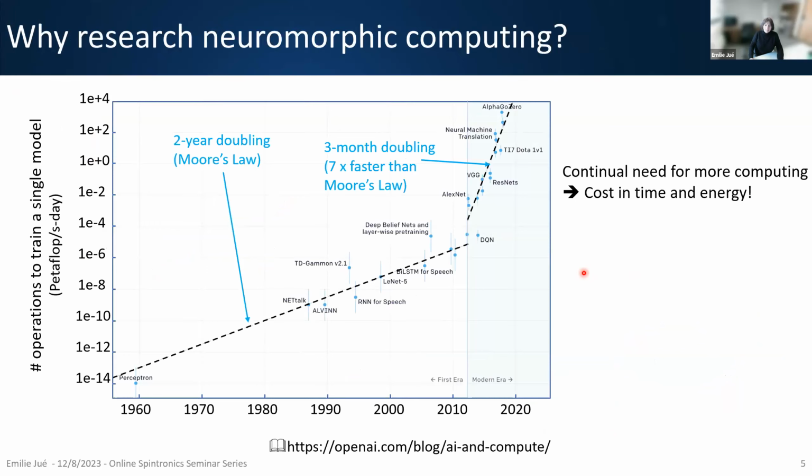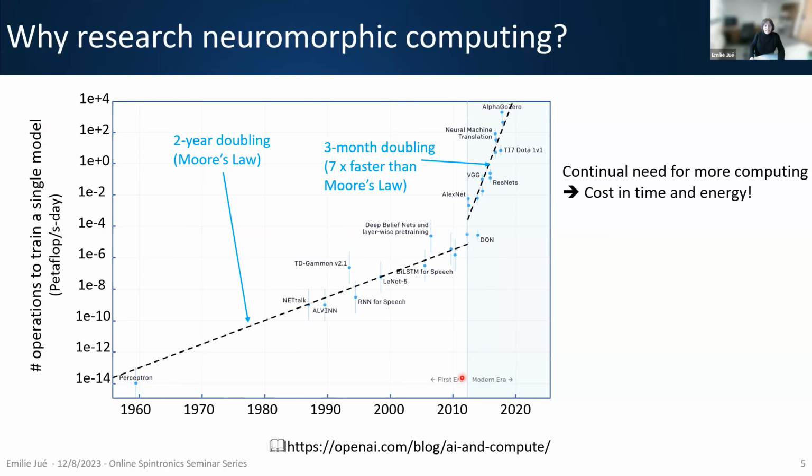And to obtain this high computational performance, we also need to have a significant demand in terms of training. On this graph, I am showing the amount of compute that you need to train a single model as a function of the years from 1960 to today.